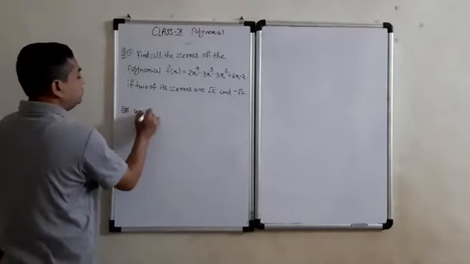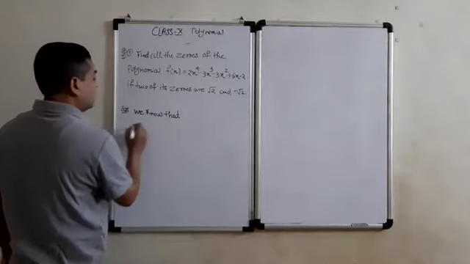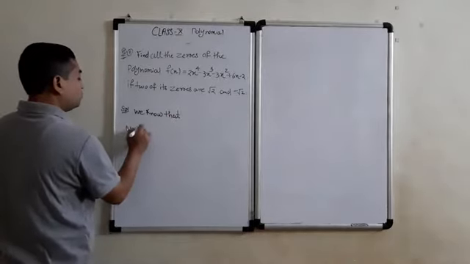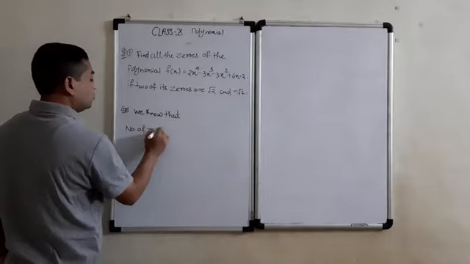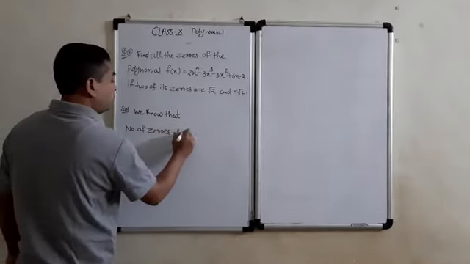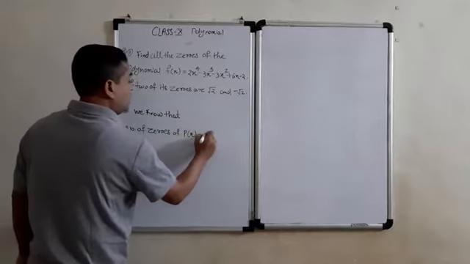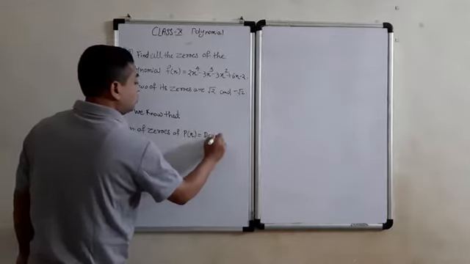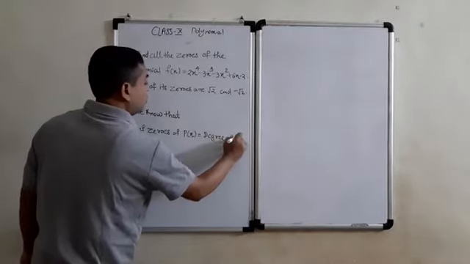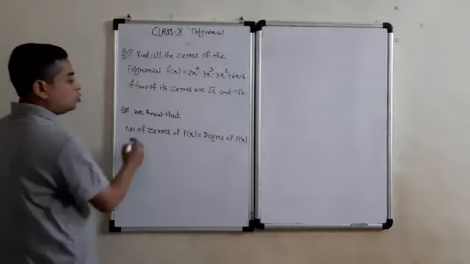We know that the number of zeros of polynomial p of x is equal to the degree of p of x. Degree of p of x means of the polynomial. Okay. So number of zeros.